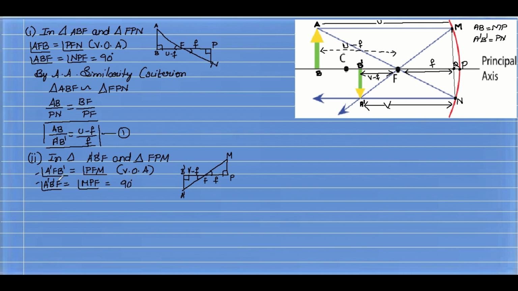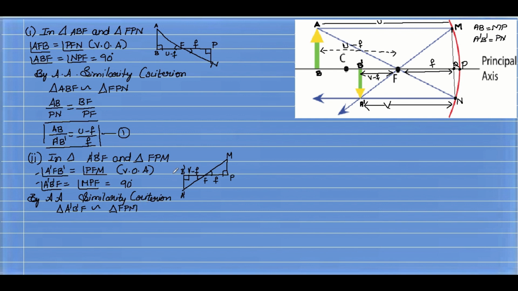So if two angles are equal in two triangles, by the AA similarity criterion the two triangles will be similar. That is, triangle A dash B dash F is similar to triangle FPM.